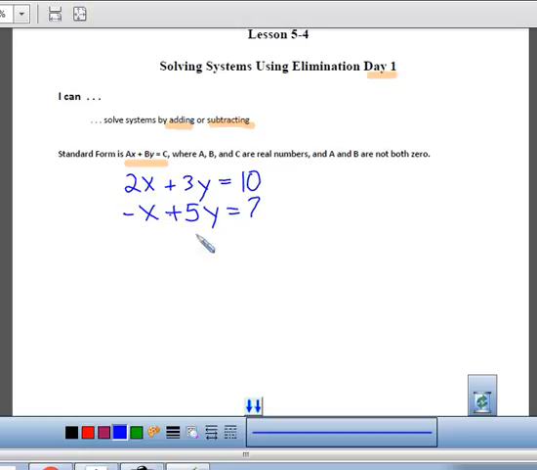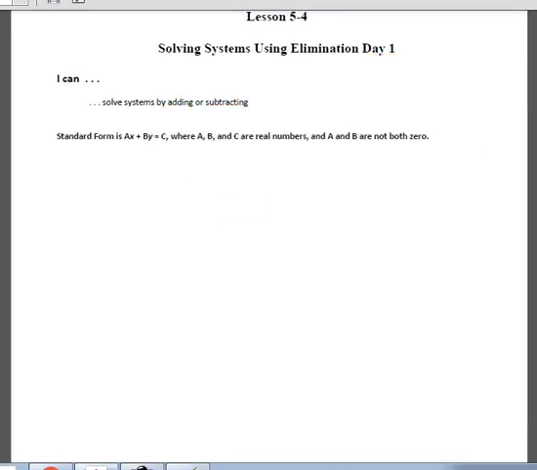This is not a real system. I don't even know if it would work out, but when they're in this form, we can't just use substitution. Now you could if you did a little bit of algebra, but we have another strategy that works and makes this real easy. So I'm going to slide this up a little bit.